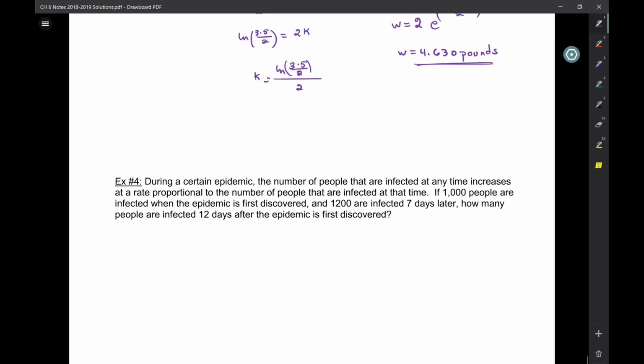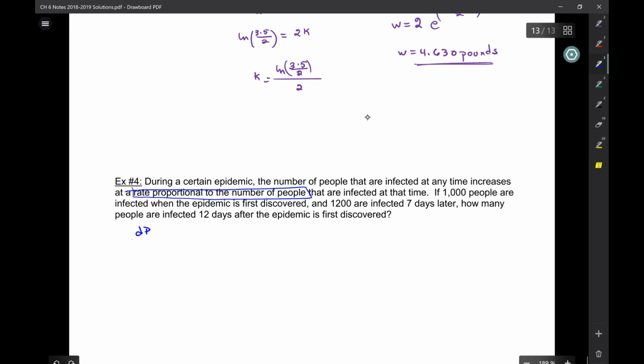Okay. Real quick, we don't use the interest formula just with money. We've done so much of those in algebra. Okay. During a certain epidemic, the number of people that are affected at any time increases at a rate proportional to the number of people. So right there it is again.